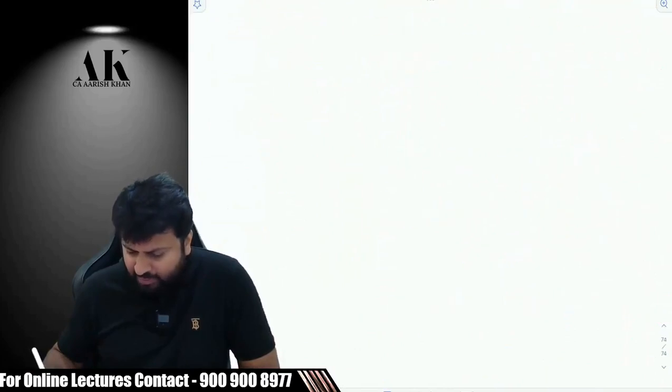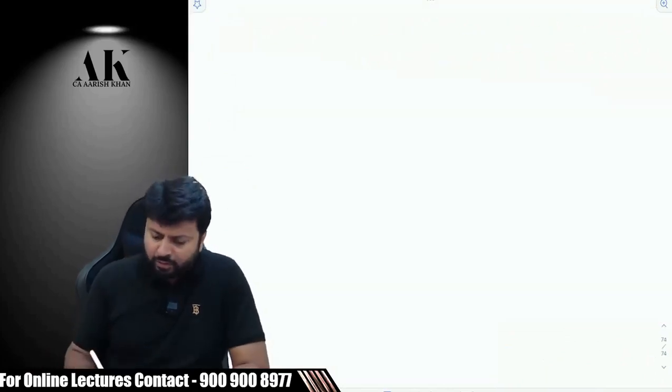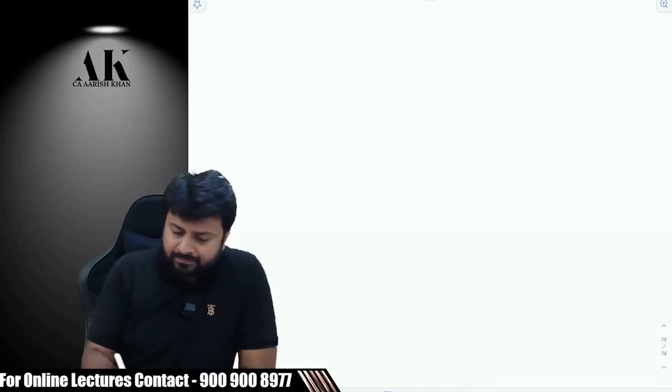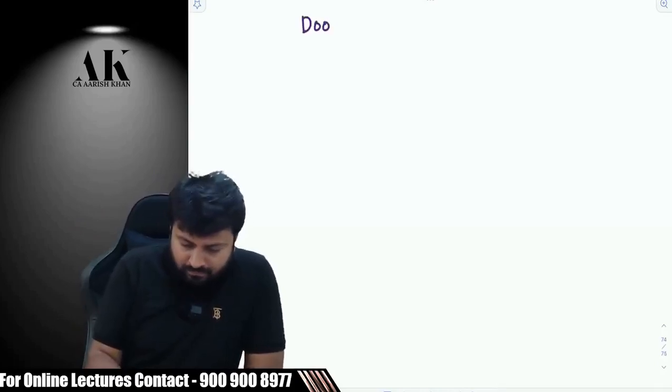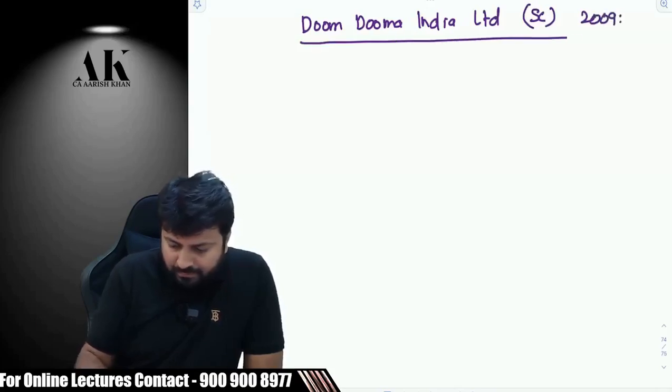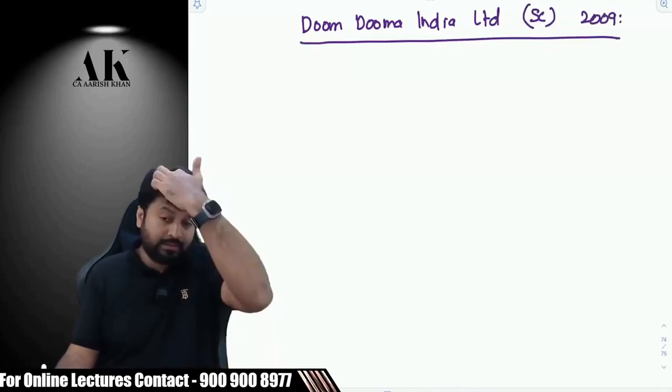I'm putting one Supreme Court judgment in front of you, of 2009. The name of the assessee was Duma India Limited. Listen to the facts of the judgment very carefully.